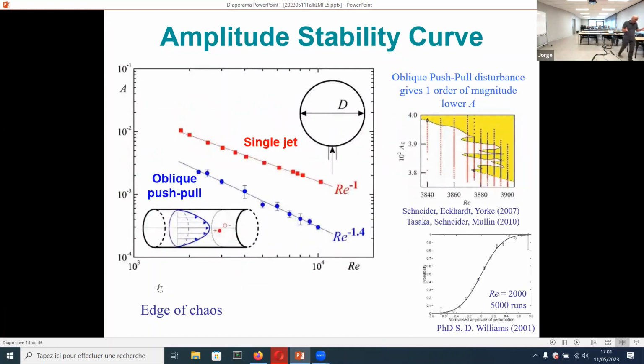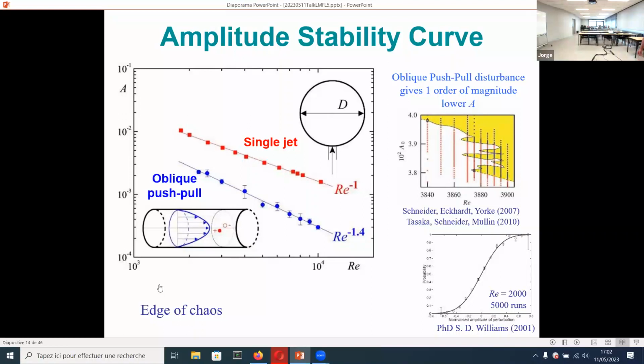Once we compile all this data, you have here the amplitude as a function of the Reynolds number, and you see that the single jet is in red, and 1 order of magnitude below, you have the oblique push and pull, and they have a slightly different scaling law. Another interesting thing that we've seen with this push and pull disturbance is that the error bars, remember this is an average of 40 experiments, become much larger.